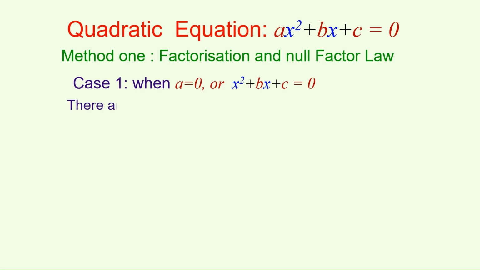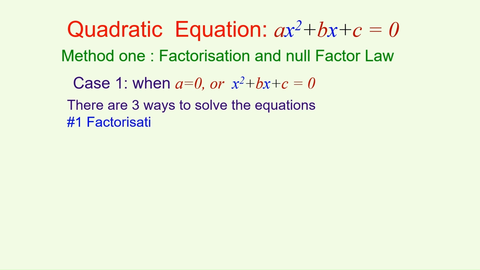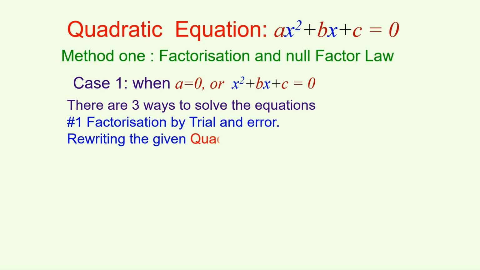Method 1. Factorization and null factor law. Case 1. When a equals 0, or x squared plus bx plus c equals 0, there are three ways to solve the equations. Number 1. Factorization by trial and error.